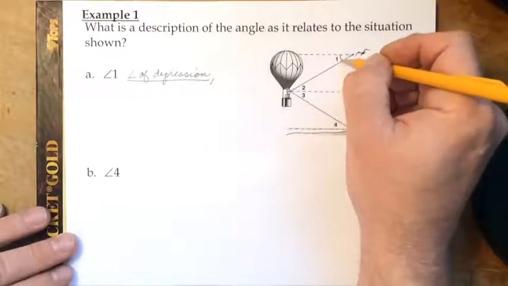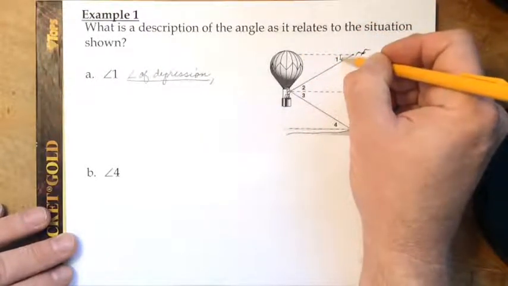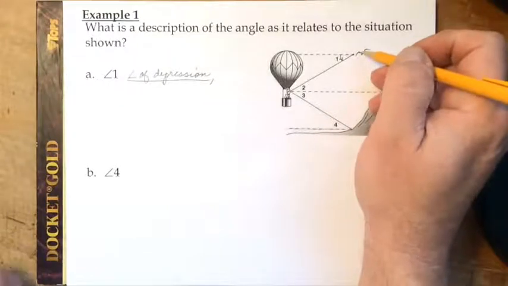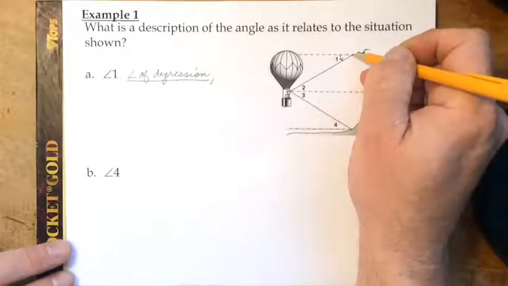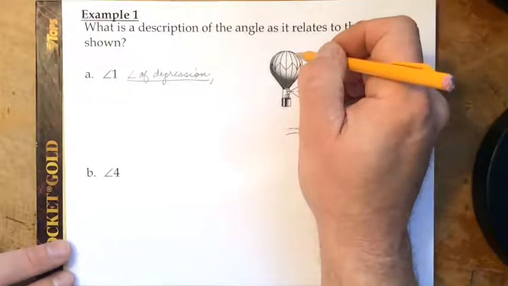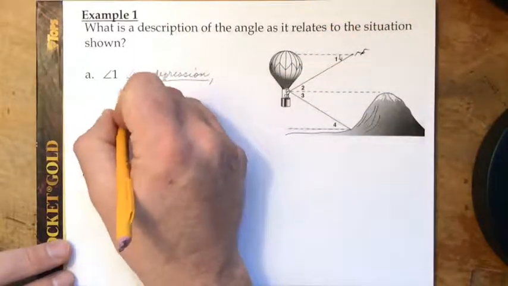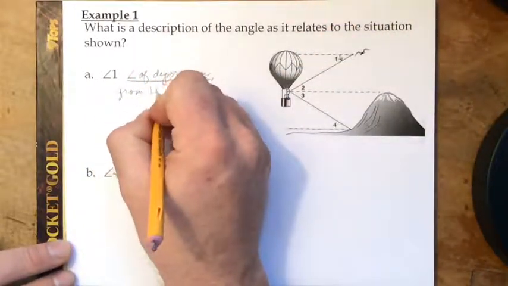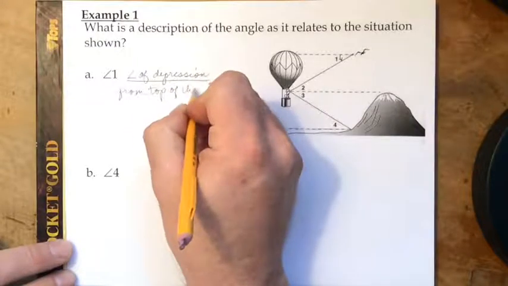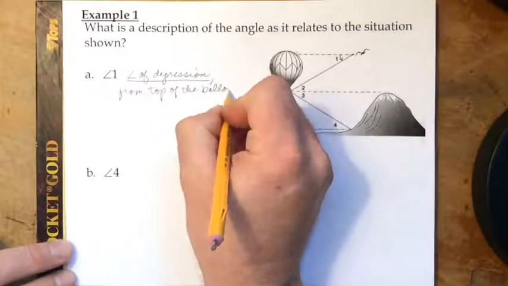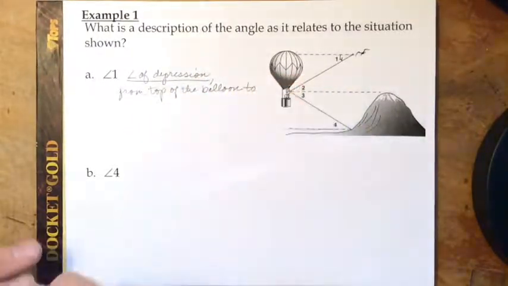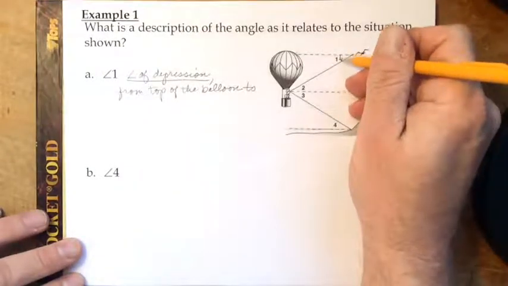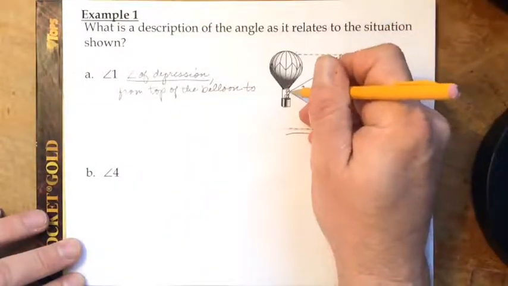So that's how we know this is an angle of depression. Now, it's an angle of depression from where the first ray is pointing to, which is the top of the balloon, to where it extends downward to the boy in the balloon.